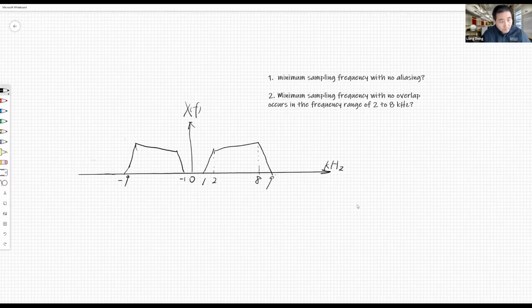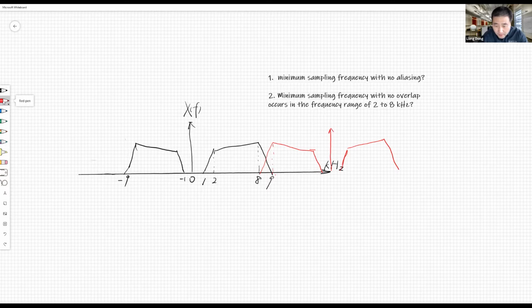So I can fold this frequency component to here, and another one is there. This just moves the entire baseband signal, and the sampling frequency will be here.